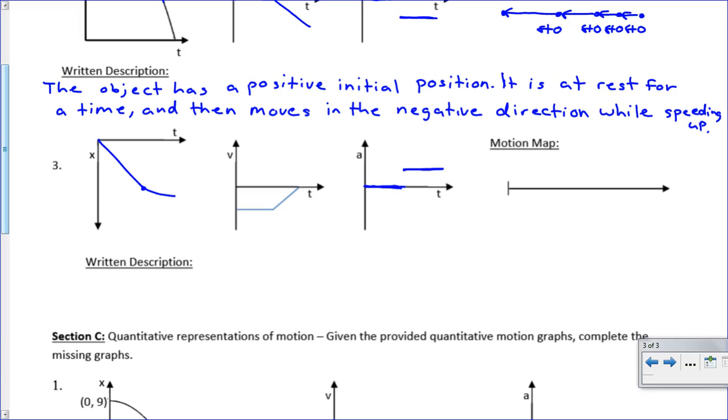For the motion map, we've got an object, I said, assume it's 0 initial position, but it's going to be traveling in the negative direction, so that's kind of weird. So what I'm going to do, I'll make a spot over here. I'll call this 0. We'll start here. We're traveling at a constant velocity in the negative direction. All right, I'll just do that for a couple of seconds.